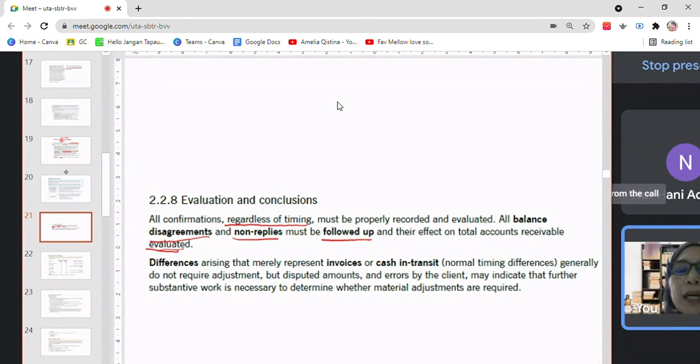So if you identify differences because of invoices or cash in transit, they do not require any adjustment, but disputed amounts and errors may indicate further substantive work is necessary. So that is the substantive procedure on the confirmation letter.